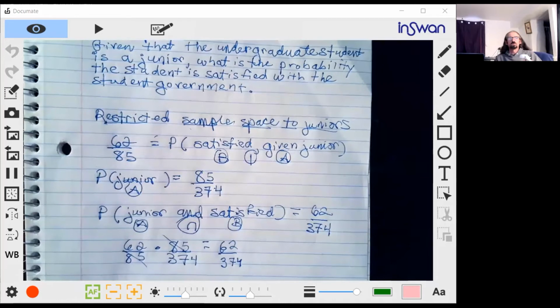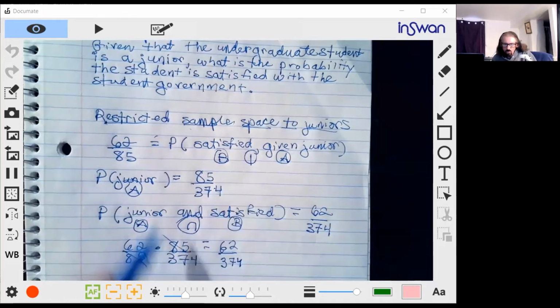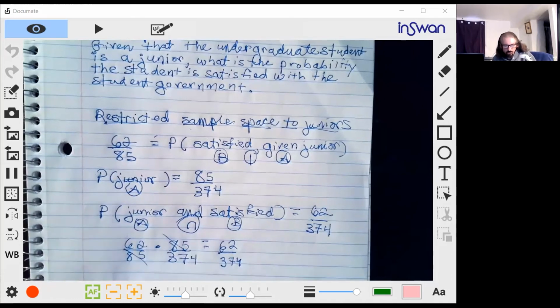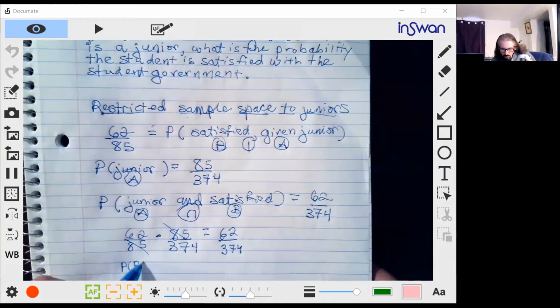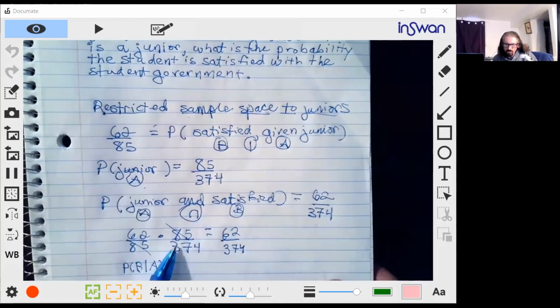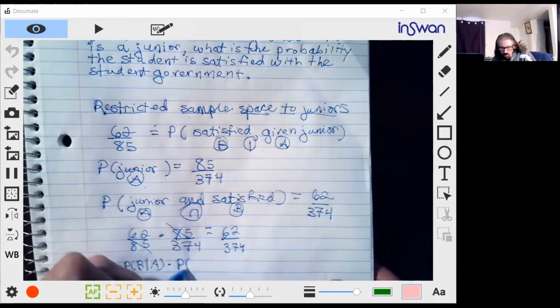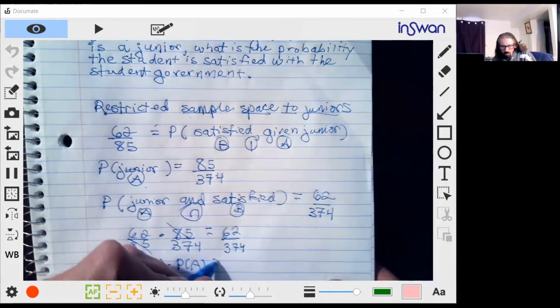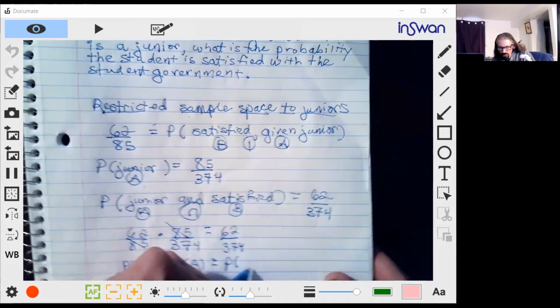So we're looking at for the probability of B given A, we had 62 over 85. The 85 over 374, that was the probability of A, and we multiplied them, and we got the probability of the intersection.